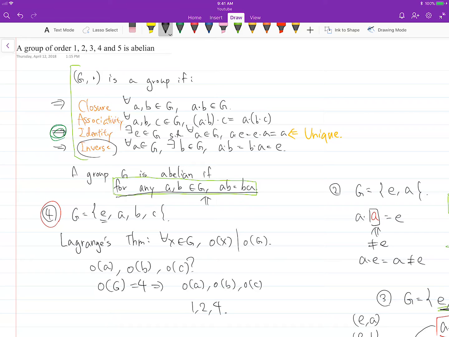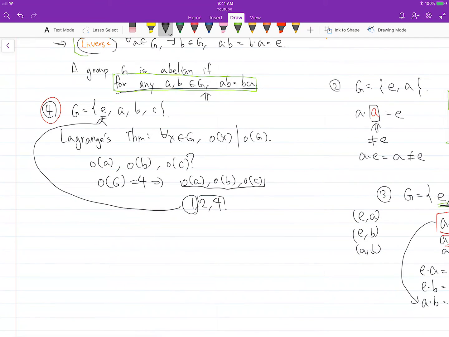And it is pretty clear that 1 is reserved for the identity element. So these 3 have to be one of 2 or 4. So we are going to split this into 2 cases. The first case is there exists an element in G such that the order is 4.